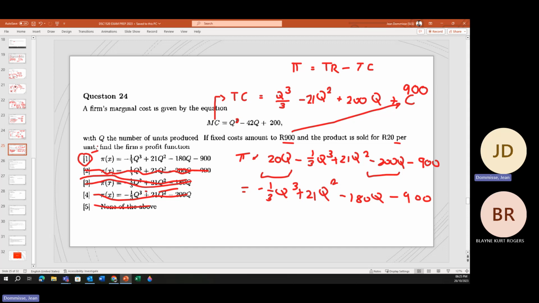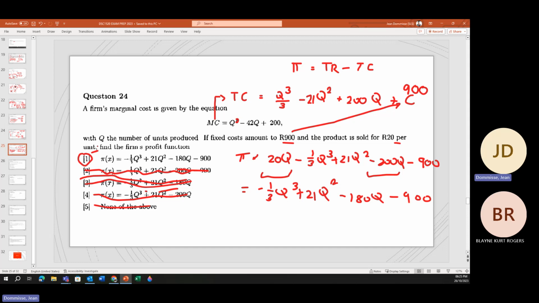Okay, so this was quite different. They gave you a marginal cost function. You needed to integrate that to get to your total cost function. But remember, when we integrate, we will always add that C for the constant.